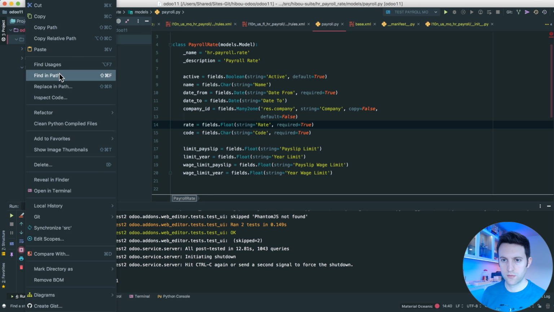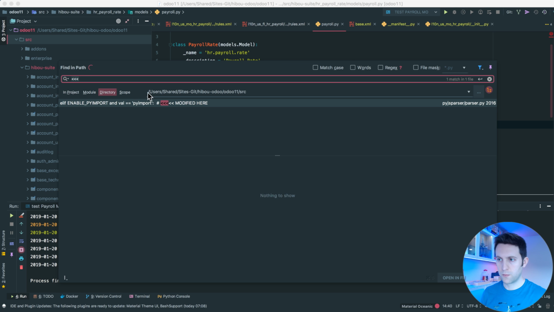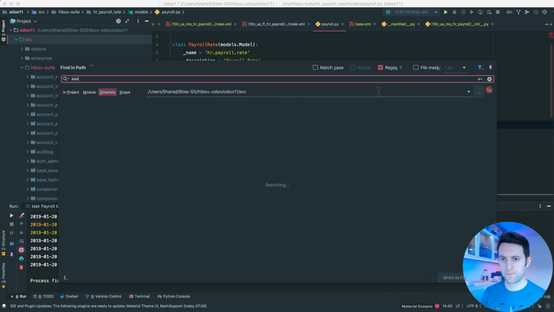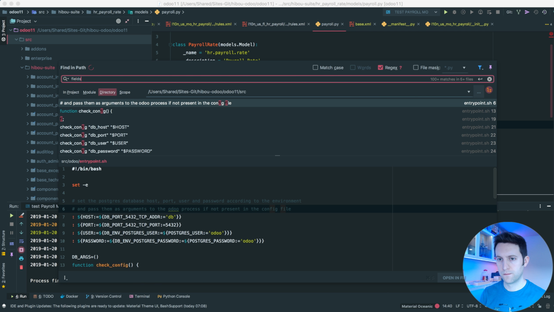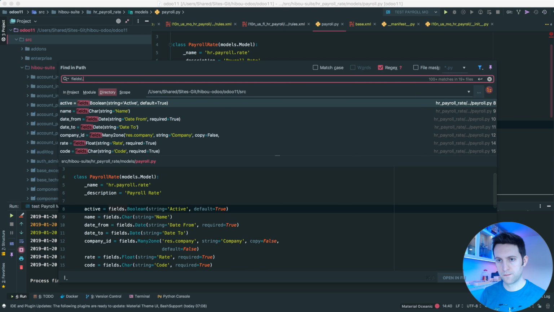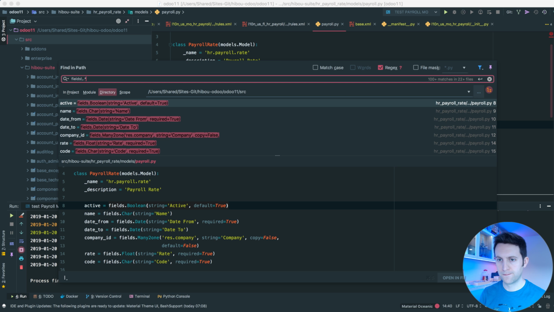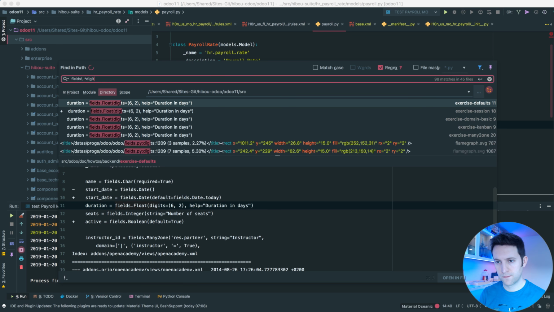Order search. Okay, there it is. Digits 6, 2, for example. And that sounds actually pretty good, 6 digits or so.